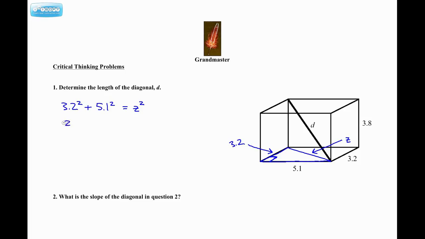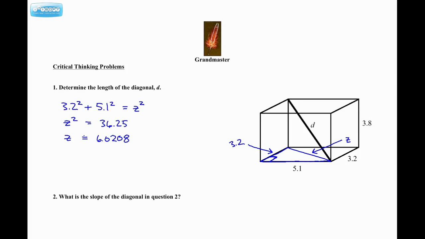So therefore Z squared is all this stuff, whatever it works out to be. Let's do that now. That's 36.25. And therefore Z is just the square root of that. So that is about 6.0208.